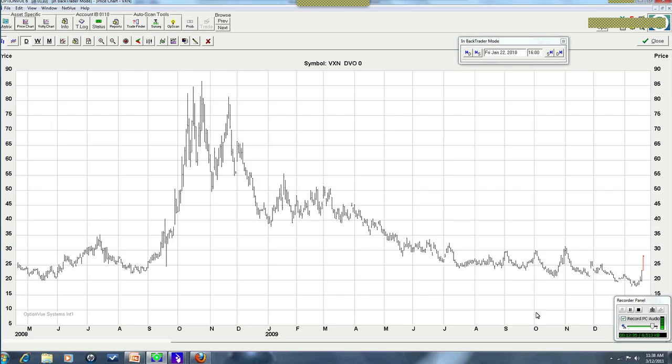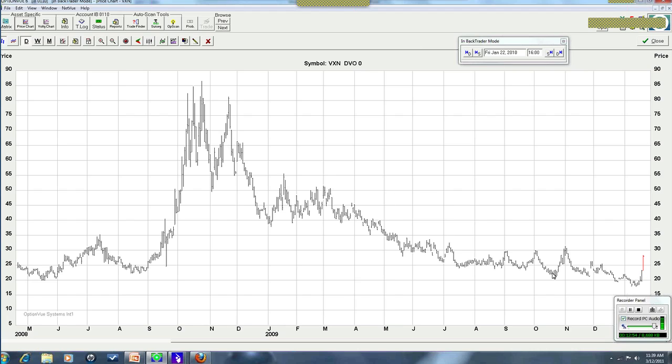But that's because the market kept going straight down, and here's the VXN. That's the volatility index for the Nasdaq. The red line is the spike for the day. That was the previous day.